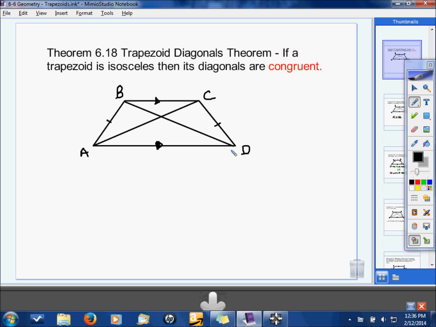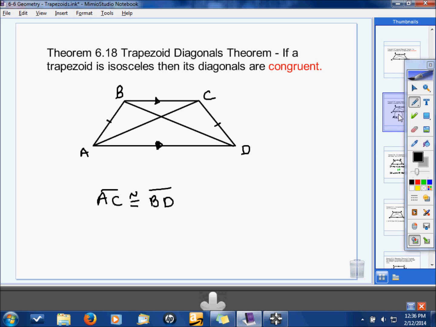That means the diagonals are congruent. So you can tell me what two segments have to be congruent in this picture. BD and AC. Good. BD has to be congruent to AC.